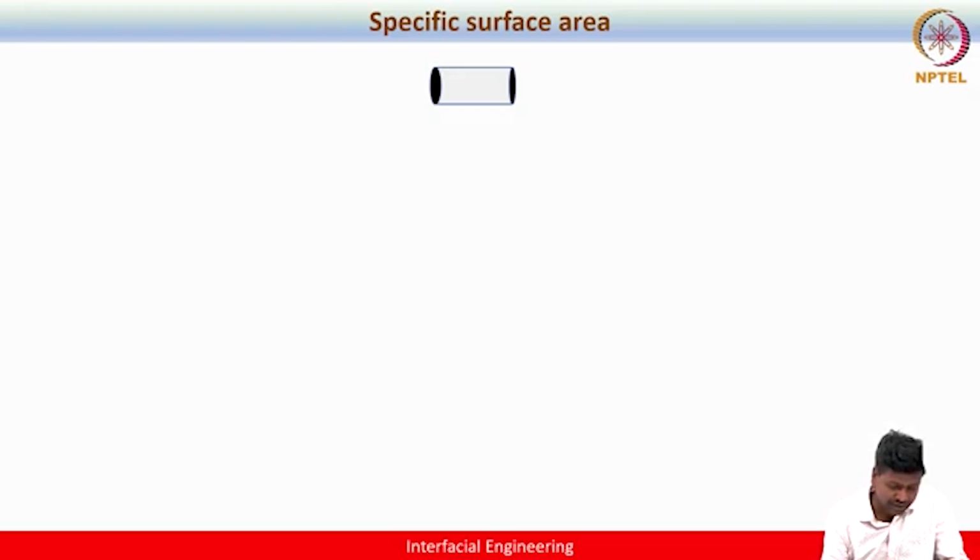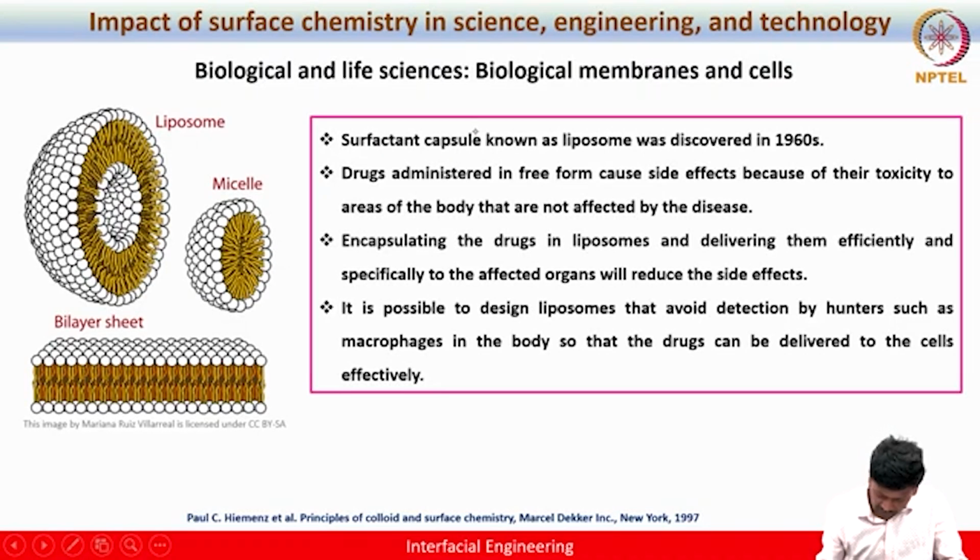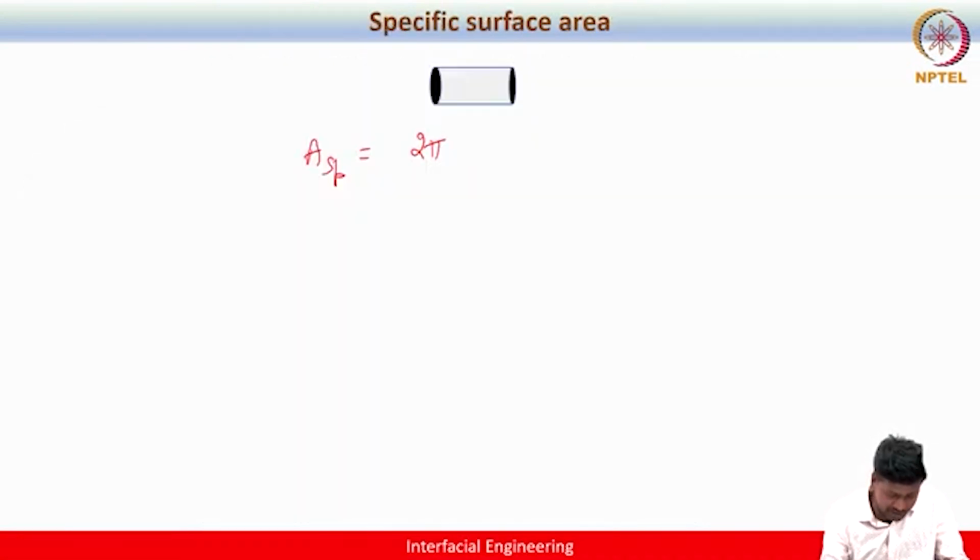Okay, so let's say I have to calculate the specific surface area for this case. Now all I need to know is the surface along the length, right? 2 pi r L, plus we have got two sides, right?